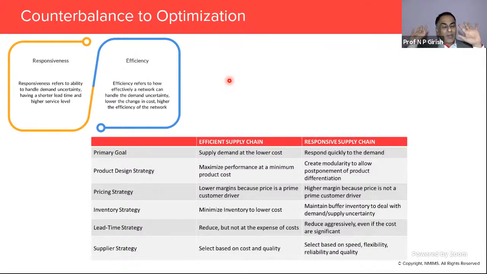If it is something I'm not very keen on getting quickly, I might save the 40 rupees. 40 rupees is not so big, but many 40 rupees would make a difference, right? So you may choose a standard service one week later. Good enough for me. Something more important, I'll pay more and get it quickly.